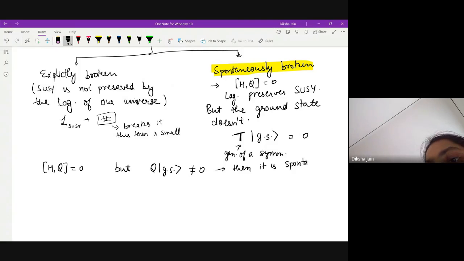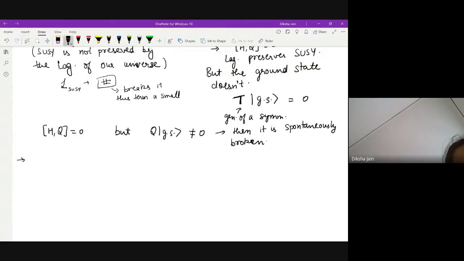Take this as the definition of spontaneously broken symmetry. I think in the QFT2 or QFT3 course, you will learn the consequences of this for the standard model. Not about supersymmetries, but other symmetries being spontaneously broken, and it's a very useful concept.